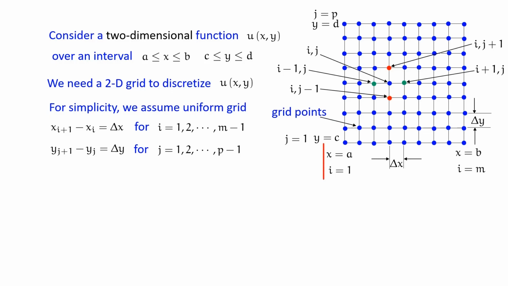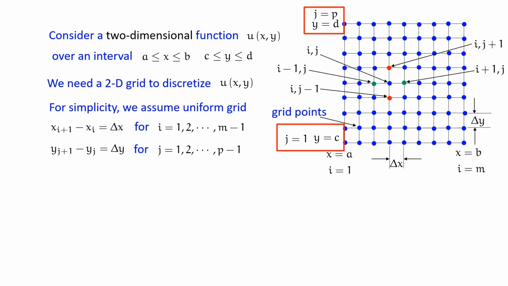x equal to a is given by i equal to 1, and then we have m grid points in x, so it goes up to x equal to b at i equal to m. Similarly, y equal to c comes as j equal to 1, and it goes all the way up to j equal to p at y equal to d.